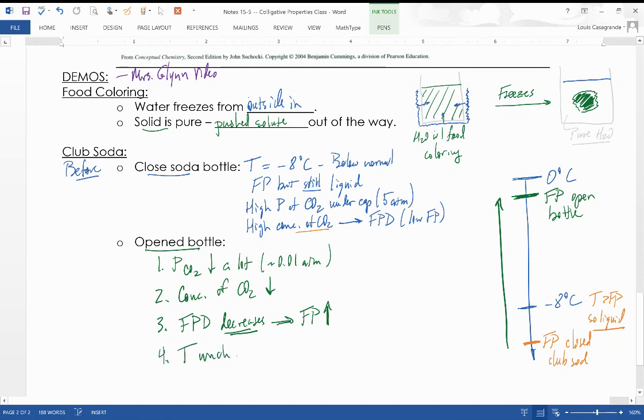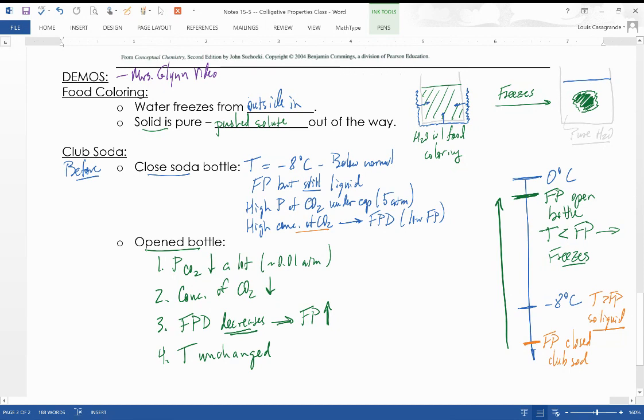We haven't had enough time to change the temperature. The temperature is still at negative 8 degrees Celsius. But now the temperature is less than the freezing point. The temperature hasn't changed. It's the freezing point that changed. And because the temperature is less than the freezing point, it freezes.